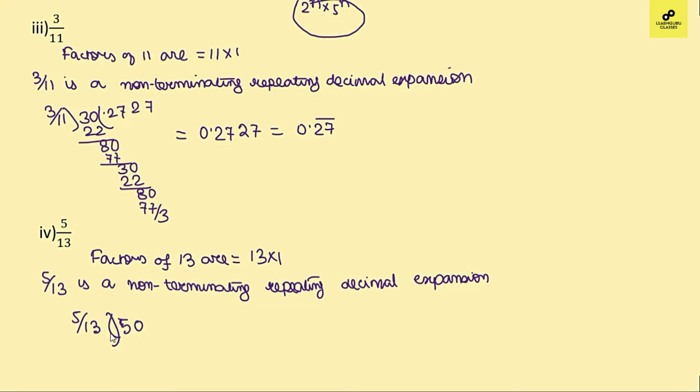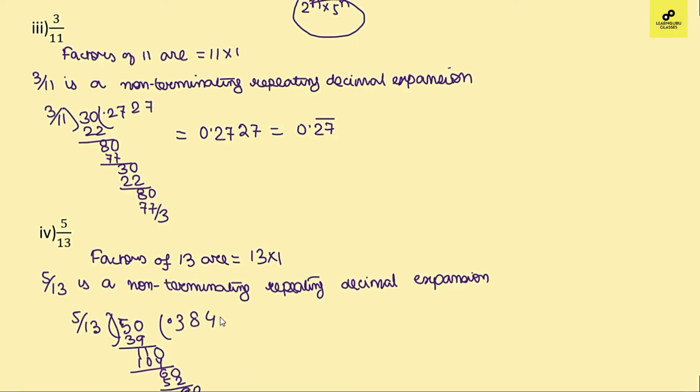Okay, so 5 by 13 can be expressed as, okay, sorry, 5 by 13. So here 13 3s are 39, 1 1 0. So 13 8s are 104, 6 0. So 13 4s are 52, 8 0.